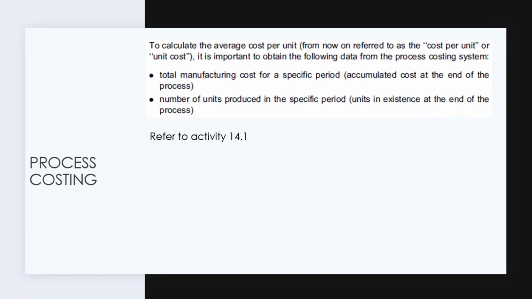Single process is straightforward. At the end of the period, you take all your total manufacturing costs. That includes your direct material. In terms of making a cake, it's your flour, your milk, your eggs. And then you take your direct labor, the person who's whisking and mixing this dough, how long it took them.